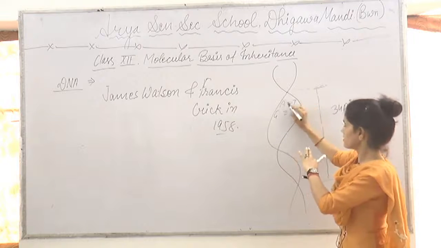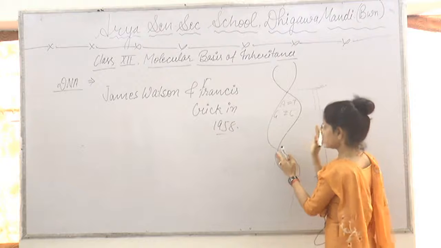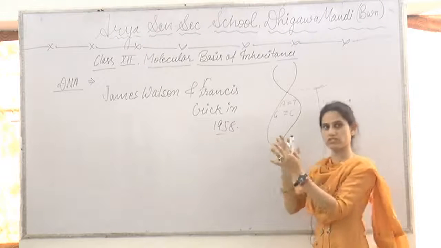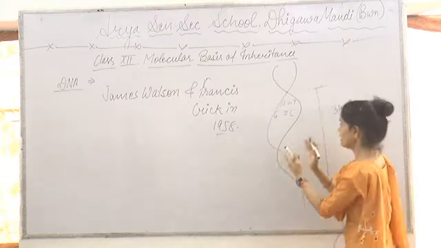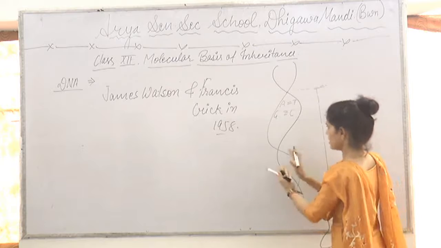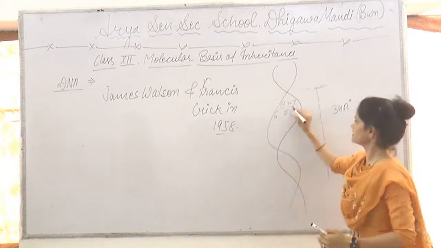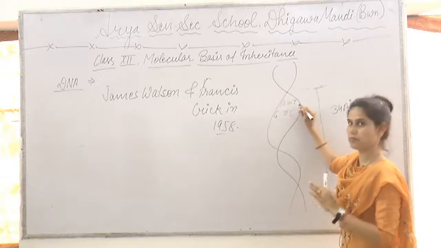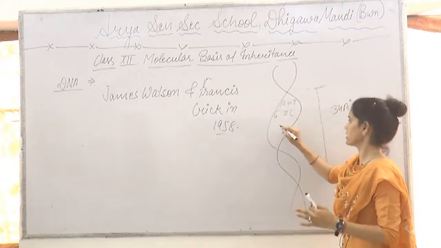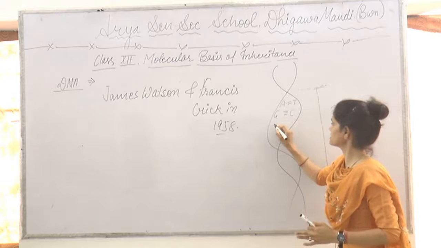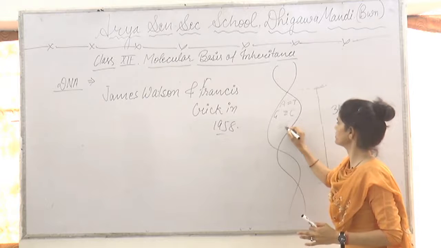There are both strands, one is this and another one is this. Both strands are complementary to each other and show anti-parallelity, which we will discuss later. Adenine will always pair with thymine, guanine will always pair with cytosine, and cytosine with guanine.